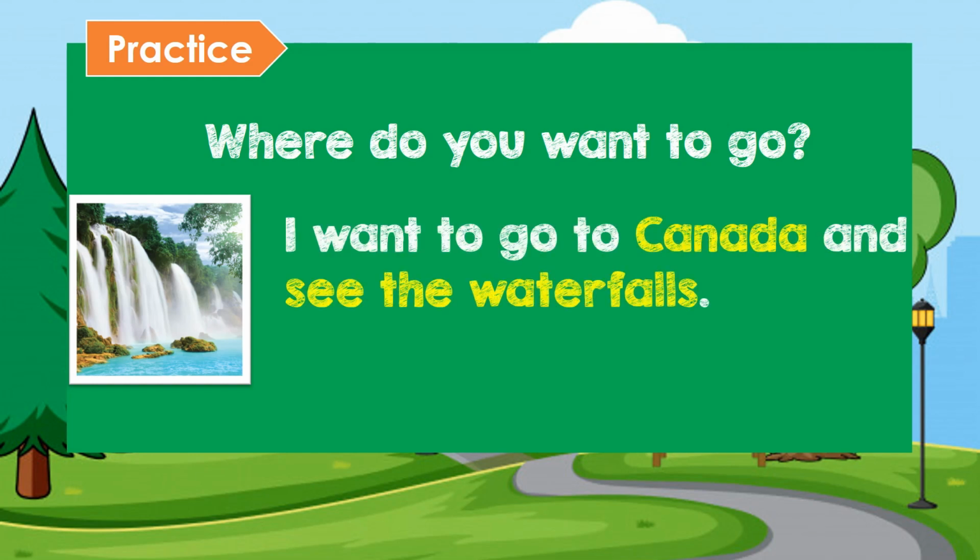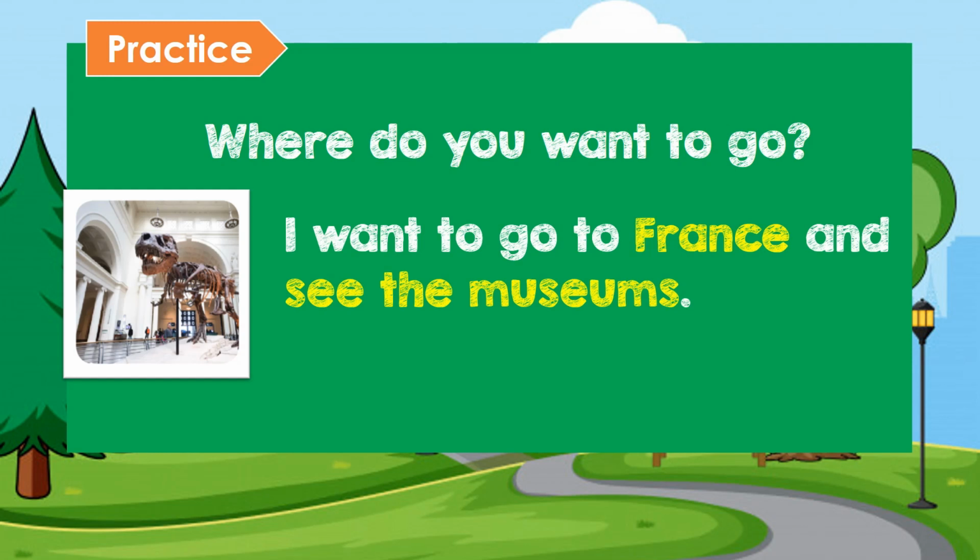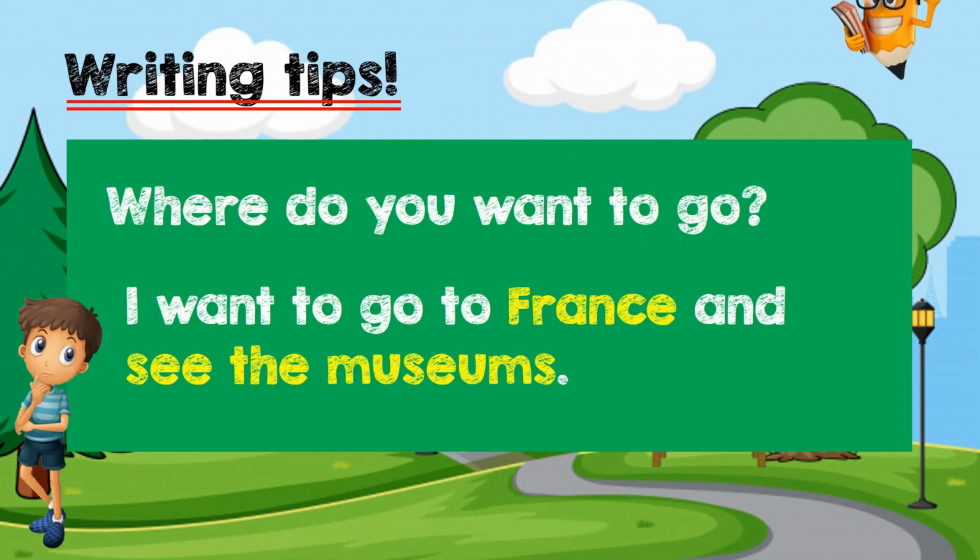I want to go to Canada and see the waterfalls. Where do you want to go? I want to go to France and see the museums. Now, in writing, don't forget that the countries start with a capital letter because a country is a proper noun.